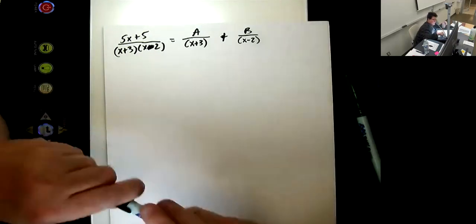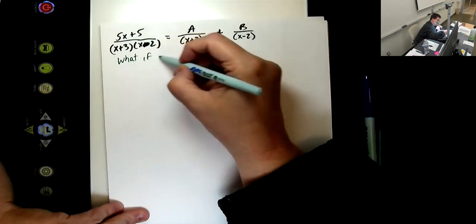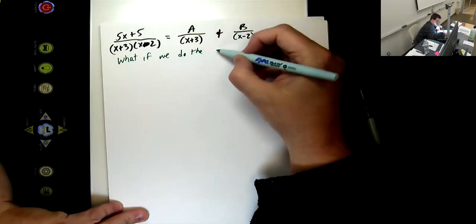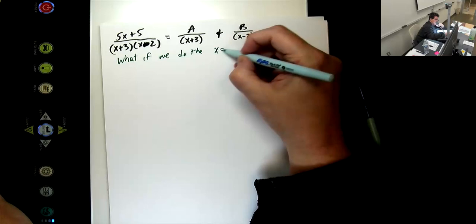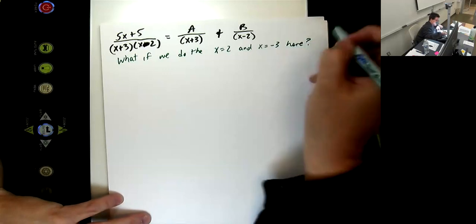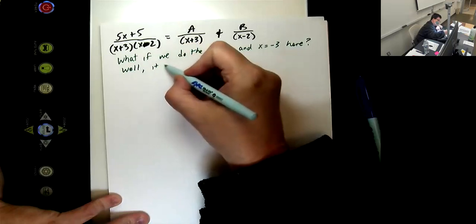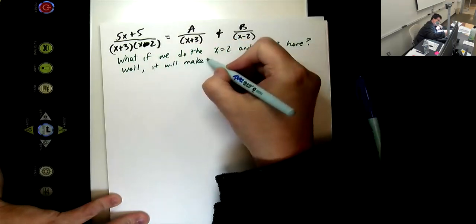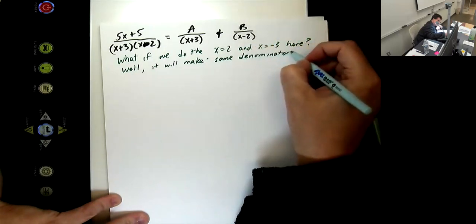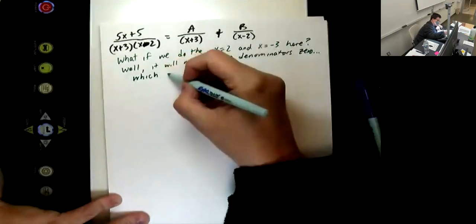What if we do the x equals 2 and x equals -3 here? Well, it's gonna make some denominators 0, which is bad juju. Don't do that.